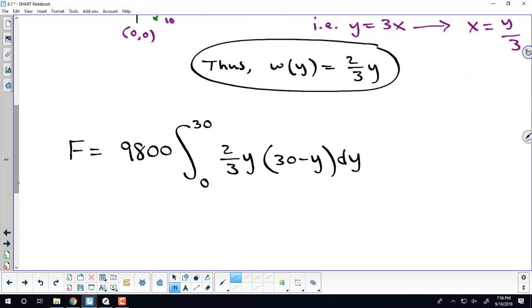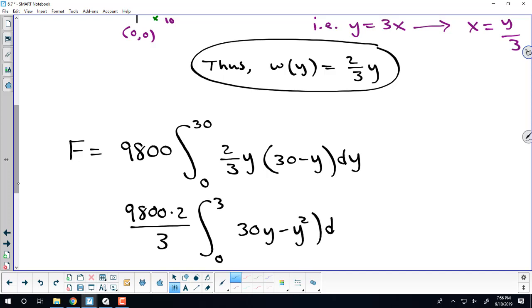Any questions on that? All right then, so what we have is 9,800 times 2 over 3, integral from 0 to 30, integrating 30y minus y squared dy.